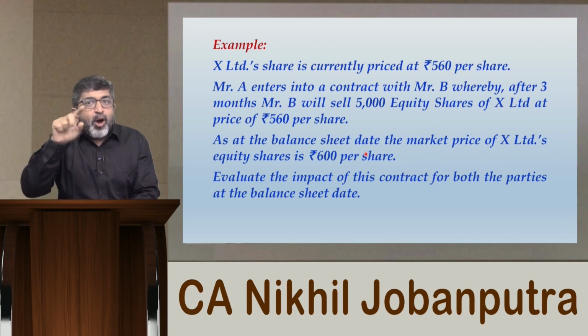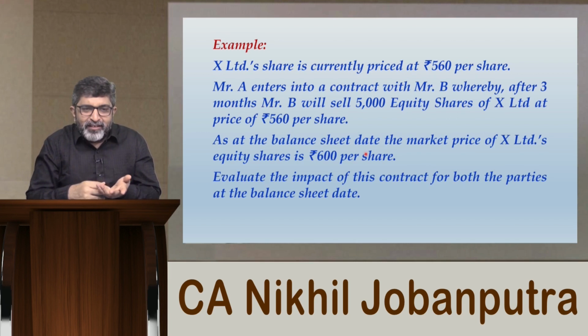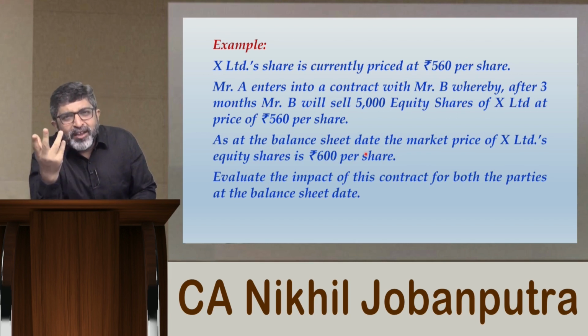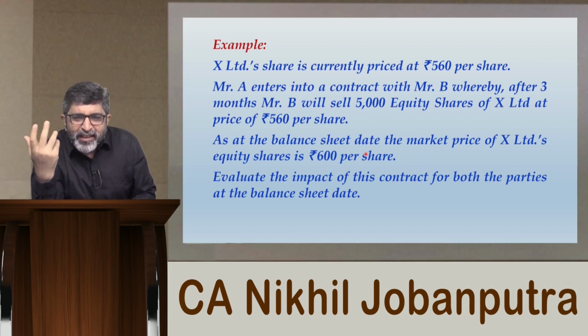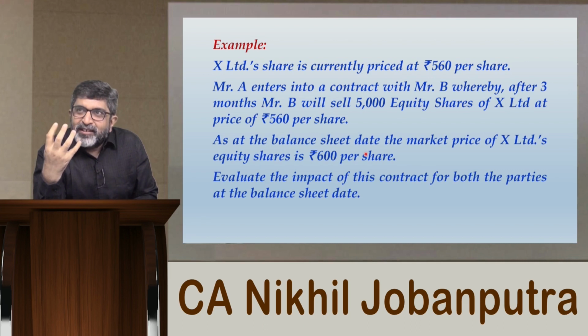Correct? Now, if you are not A's friend but B's friend at the balance sheet date, do you think B would be conveying this to you happily? Of course not. Can you imagine if B is your friend, how would B convey this to you?